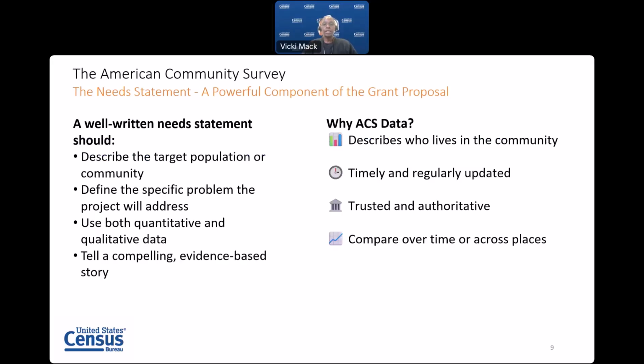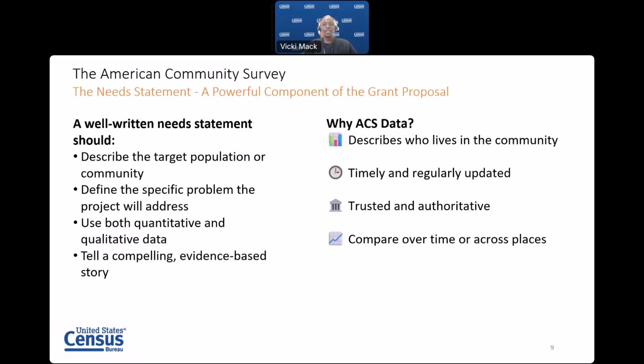A well-written needs statement should describe the target population or community, define the specific problem the project will address, use both quantitative and qualitative data, that's like narrative or lived experiences type data, to support the case, and tell a compelling evidence-based story.